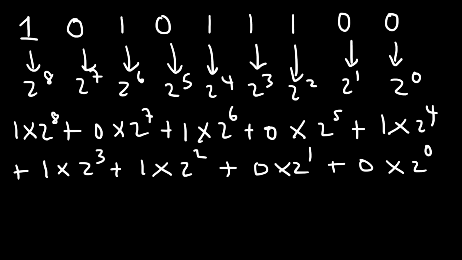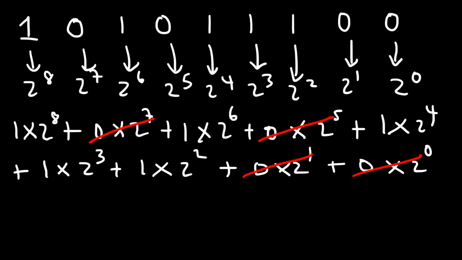Now, I don't need to write all of this because we really don't need the zeros, but I want to show you the process by which we can convert all of these other number systems into the decimal system. So 0 times anything is 0, so these numbers we can ignore.